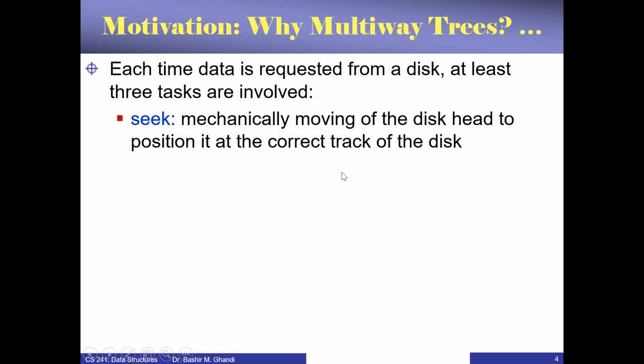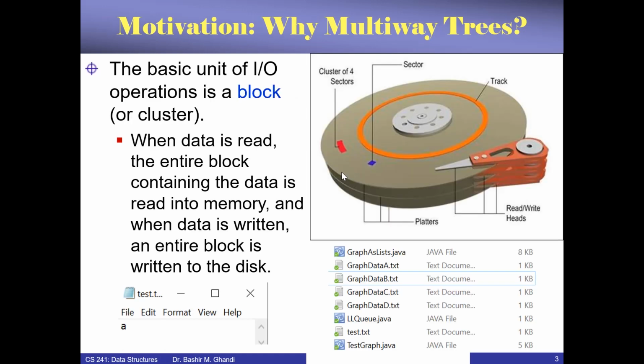Again, to show you from the example here, suppose the block we are trying to read from is here. The head is already on that track. Now we spin the disk, because of course the head cannot move, it is the disk that spins. Actually, the disk constantly spins around underneath the read heads.